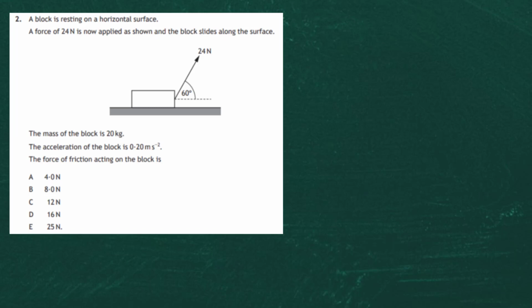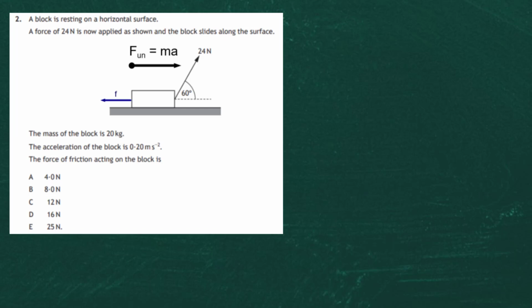So in this situation, let's identify all the possible forces acting on it. Well, we know we've got to find a force of friction, which must mean that it acts in the opposite direction to the force. I'm just lining it up like that on the block. And also we're going to have an unbalanced force, which is the force causing the acceleration, and that's going to be towards the right.